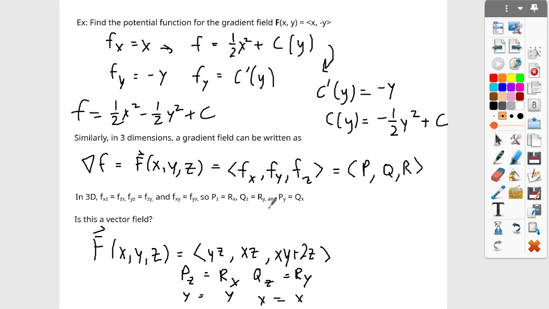So that means, what about p sub y is equal to q sub x? So p sub y is z, and q sub x is z. So that means this function is a vector field, or it's a gradient. It is a vector field. It's a gradient field. This is a gradient field.